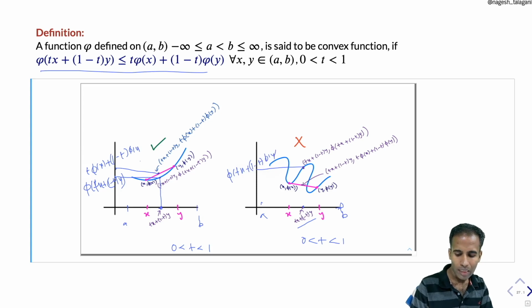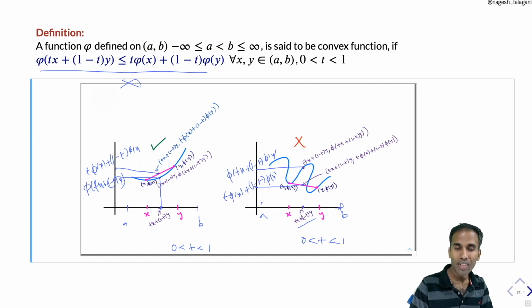But t phi of x plus (1 minus t) phi of y will be located here. As you see, this time the inequality doesn't hold, so this is not a convex function.